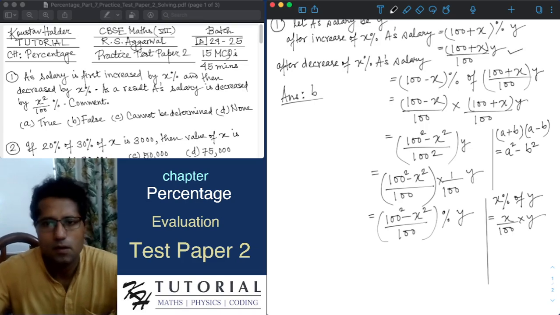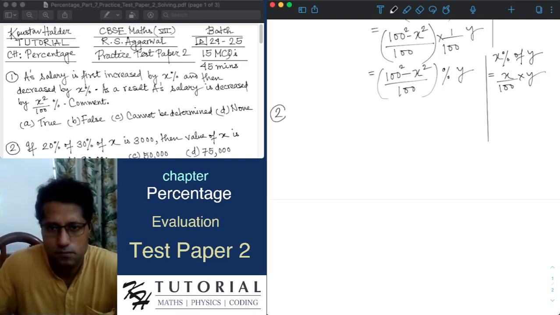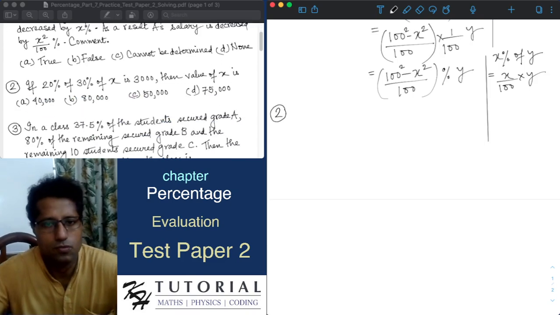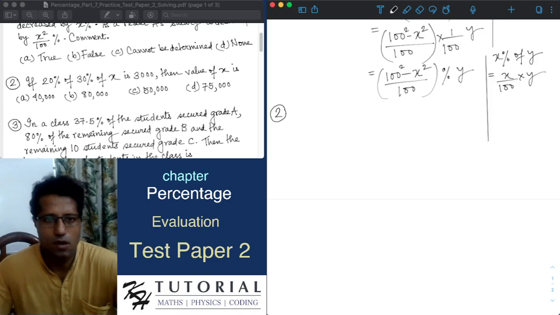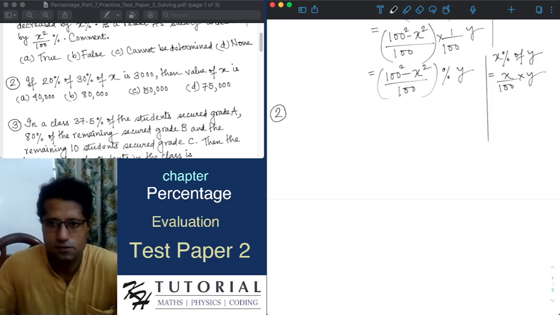Okay. Let's do question number two. Question number 2 says, if 20% of 30% of x is 3000, then the value of x is. I solved a similar problem in test paper 1.